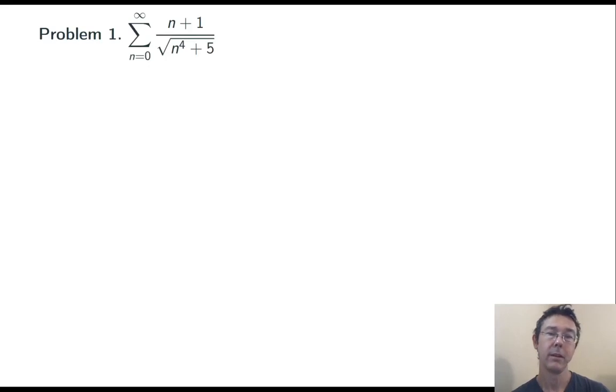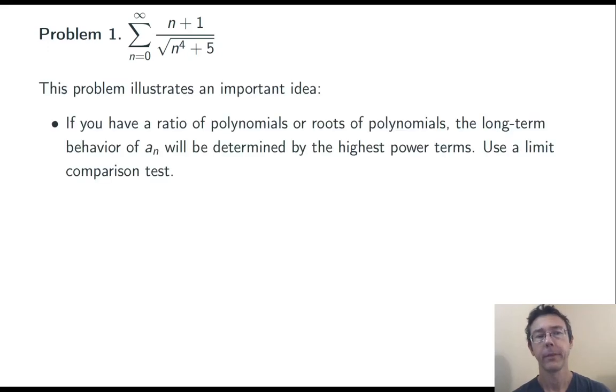Problem 1. Sum from n equals 0 to infinity, n plus 1 over the square root of n to the 4th plus 5. This problem's illustrating an important idea. When you've got a sum of a fraction, where you've got polynomials on the top and bottom, or roots of polynomials, or things that just look like polynomials, where you have n to non-integer powers, the long-term behavior of that general term is going to be determined by the highest powers in the top and bottom.